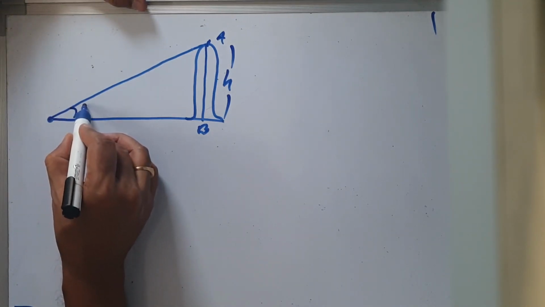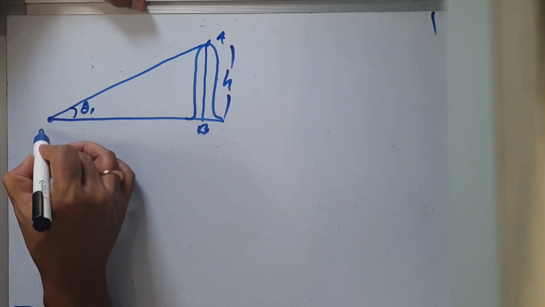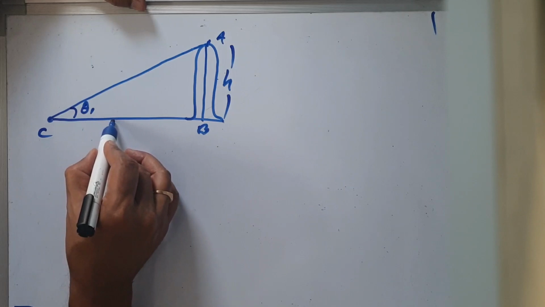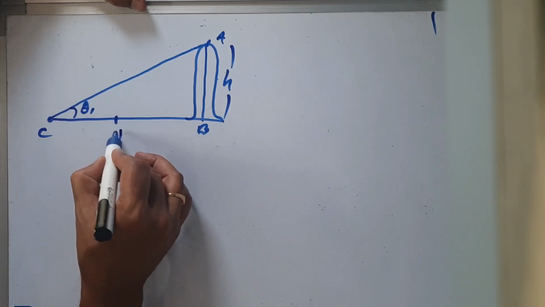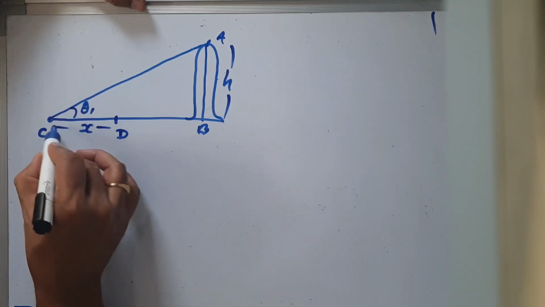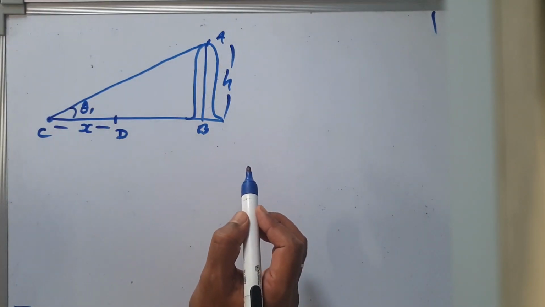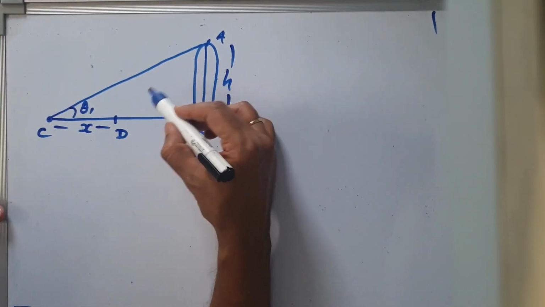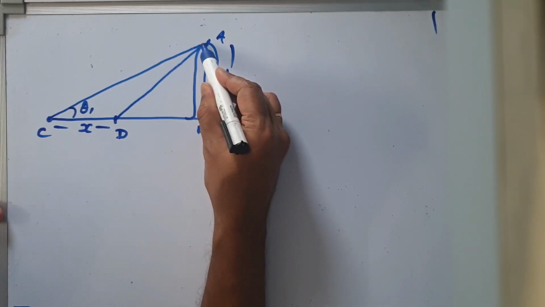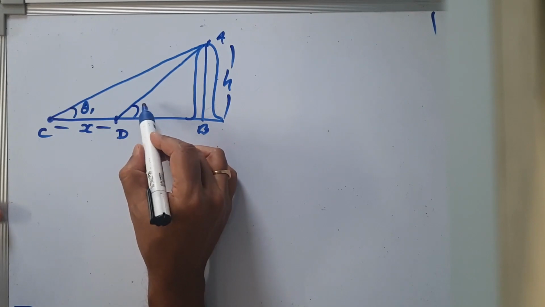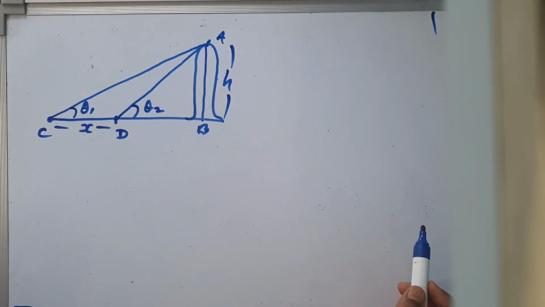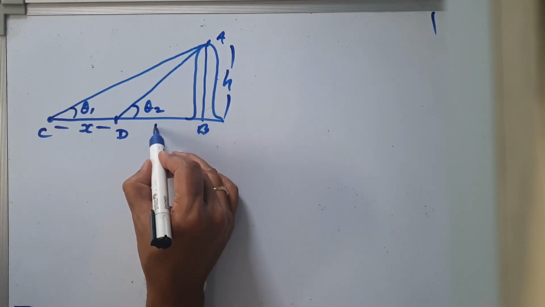Let this angle of elevation be θ1. Now move towards the mountain by a known distance. That means you know this distance, X, CD is X. Now again measure the angle of elevation, θ2. Let this distance be Y.